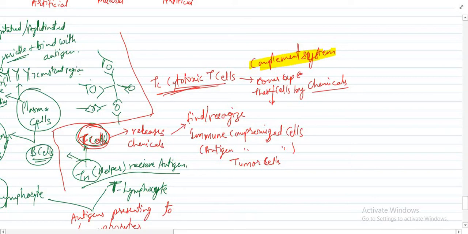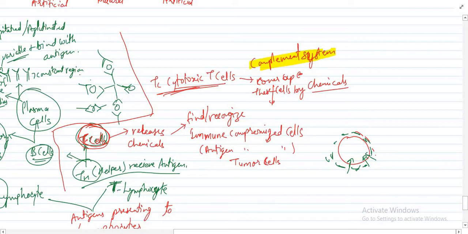These cells are there, and now these chemicals are recruited on the surface. Lots of chemicals come there and start boring into them.